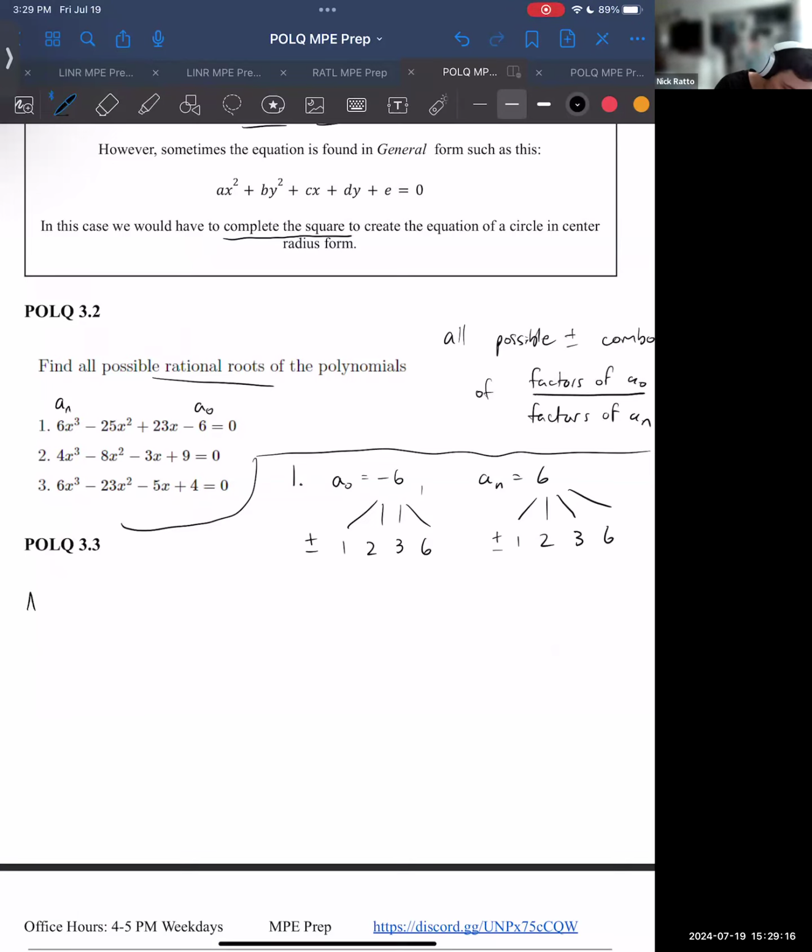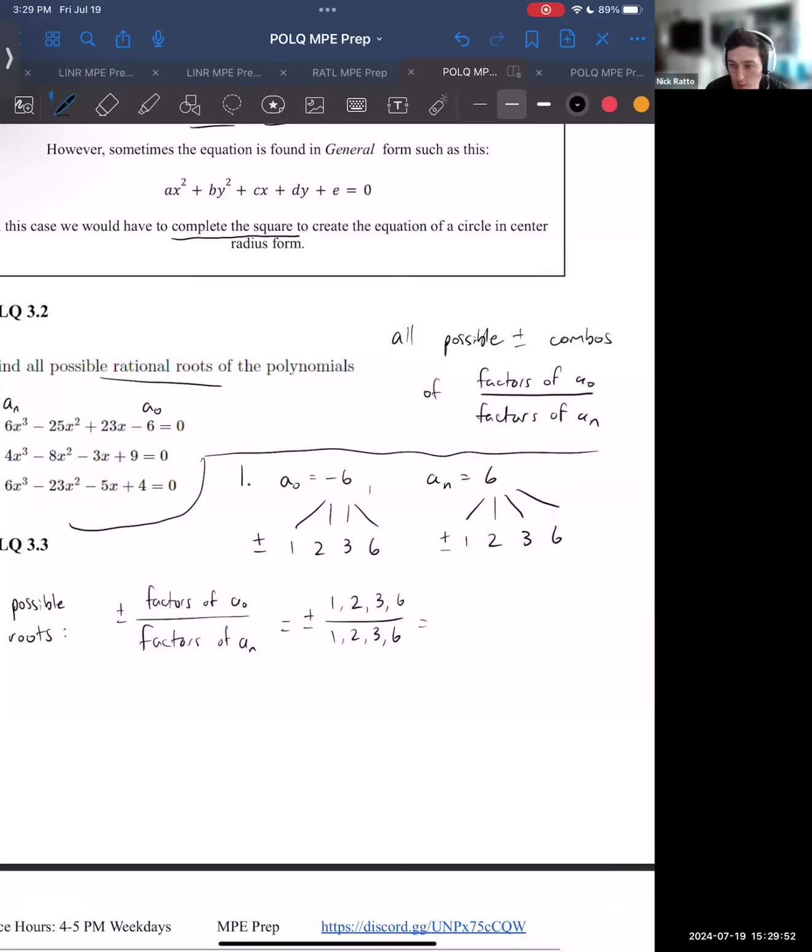Okay. So all possible rational roots are going to be the plus minus factors of a naught over factors of a sub n. So plus minus 1, 2, 3, 6 over 1, 2, 3, 6.